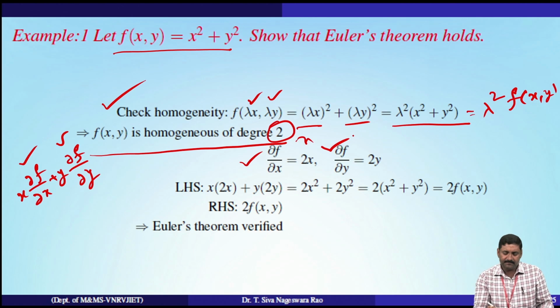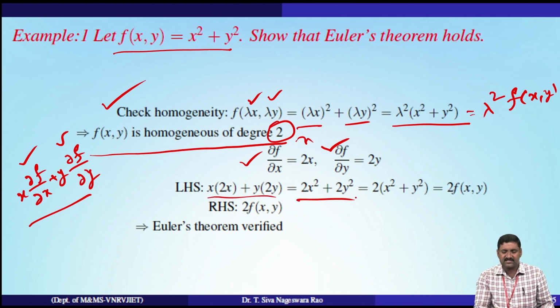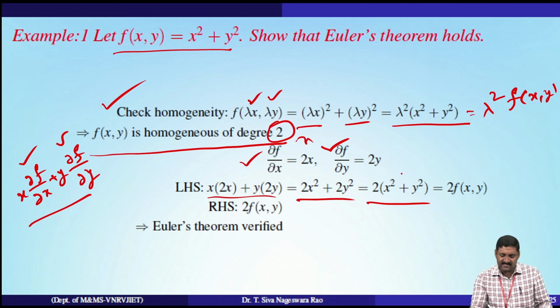Dou f by dou y: x is constant, y square derivative is 2y. Now we substitute these values, that is x into 2x plus y into 2y. We simplify and get 2x square plus 2y square. Take out 2 as common. The resulting expression is x square plus y square multiplied by 2. But what is x square plus y square? This is f of x comma y. So 2 multiplied by f of x comma y.